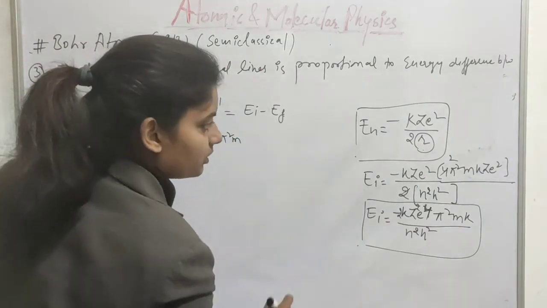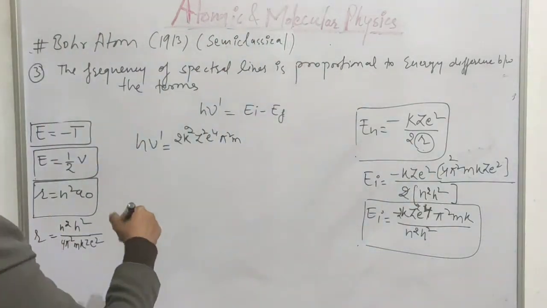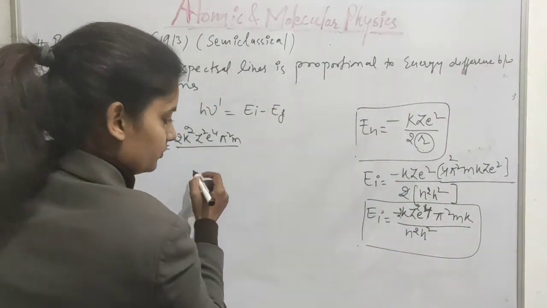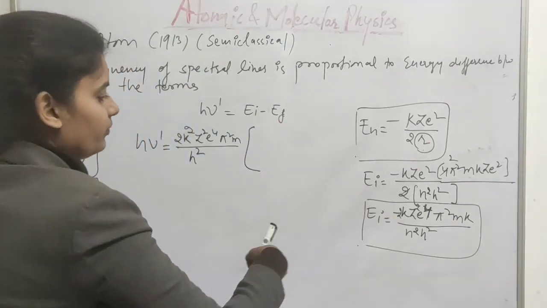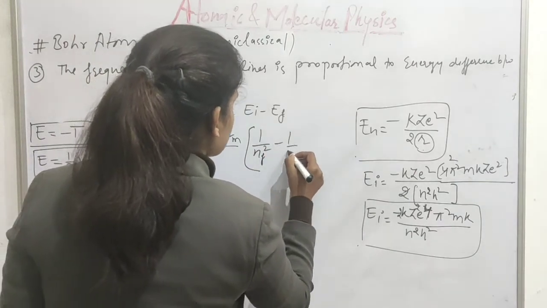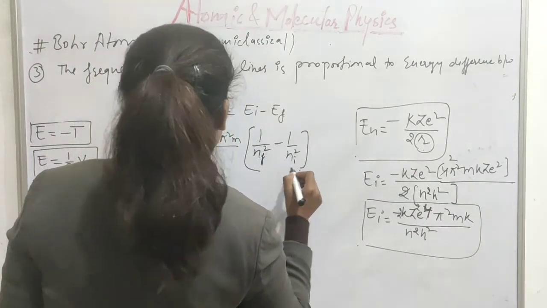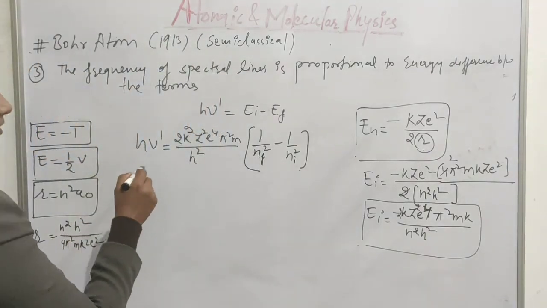This k also comes from the outside, k square. Now h square, n is different for different states, so this will come nf square minus ni square. So this is the value for frequency.